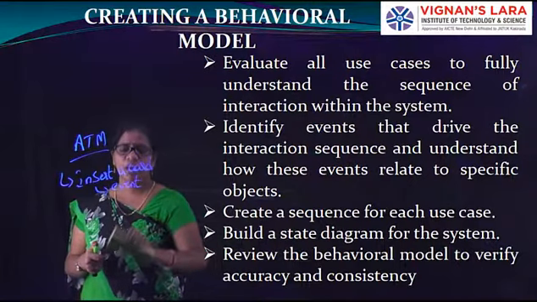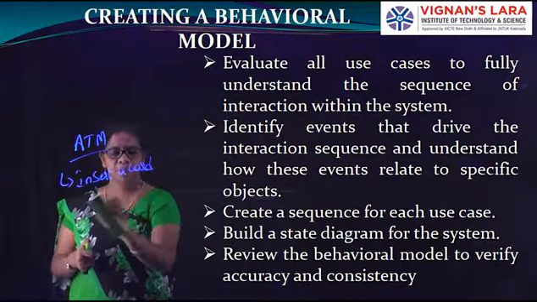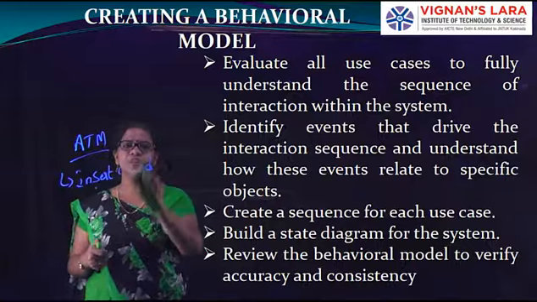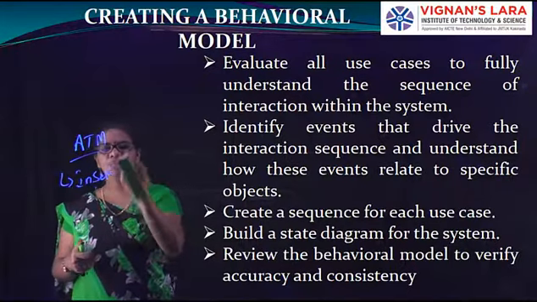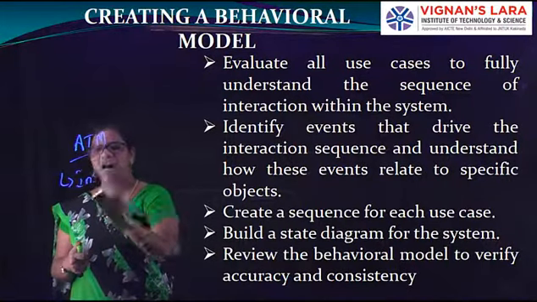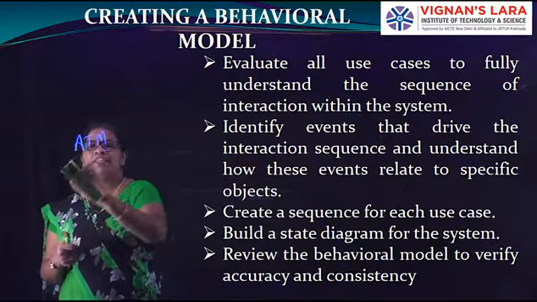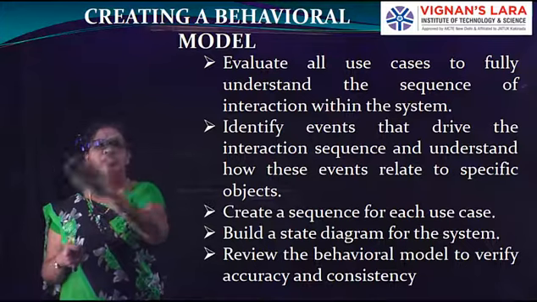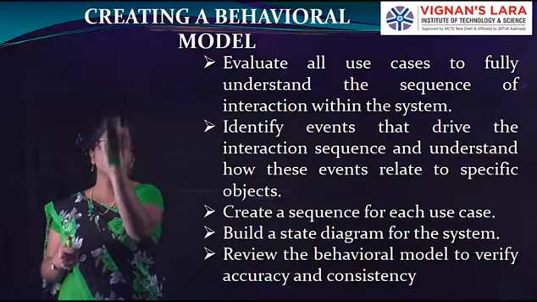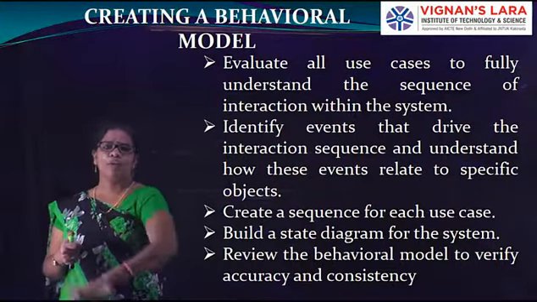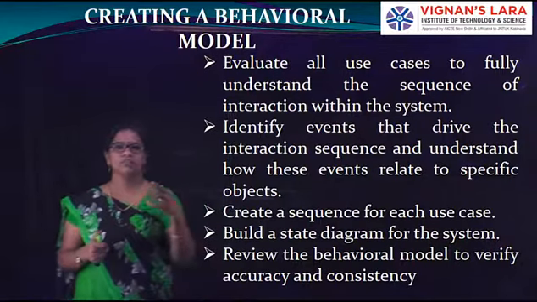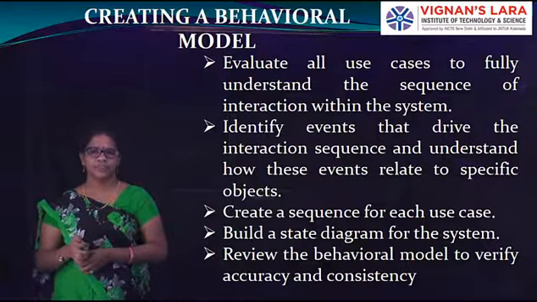For that purpose, what are the different objects? ATM is an object, card is an object, transaction is an object. Like that you have to identify all the events that drive the interaction sequence and how those events relate to the specific objects.